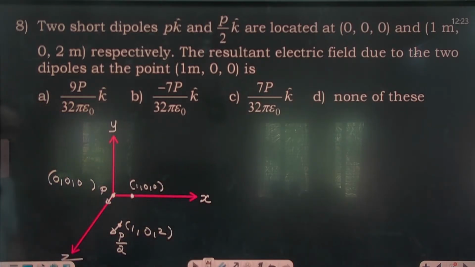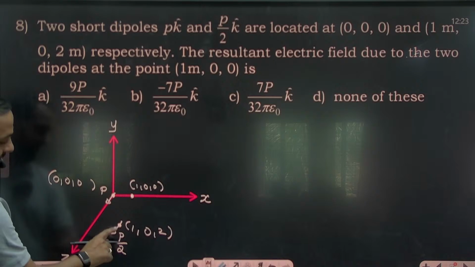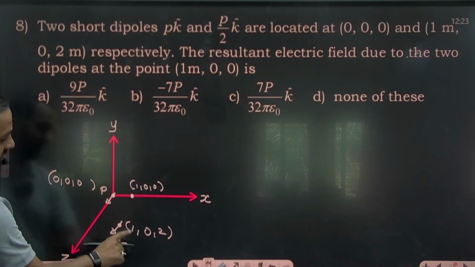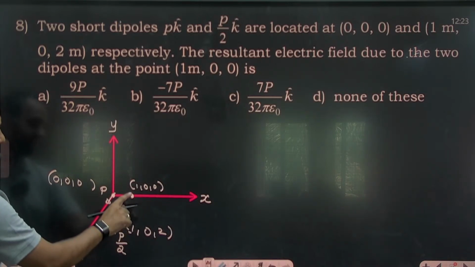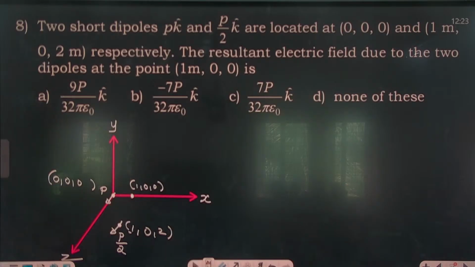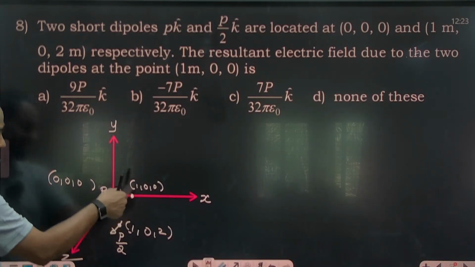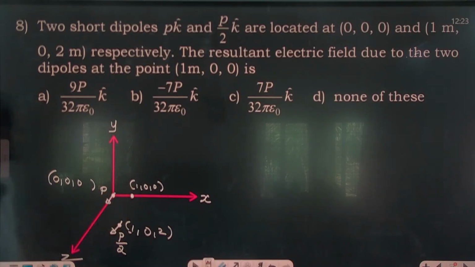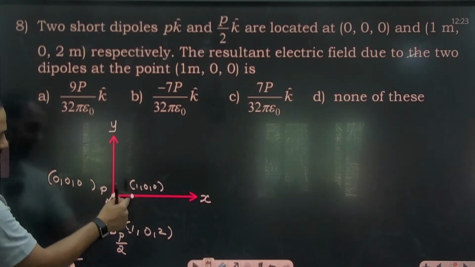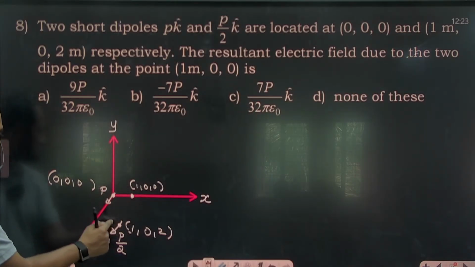See, for this P by 2 vector also the x coordinate is 1, and for this point also the x coordinate is what? 1. Okay? So for the P by 2 dipole, what will this point become? It becomes an axial point. It is lying there because both have the same x.